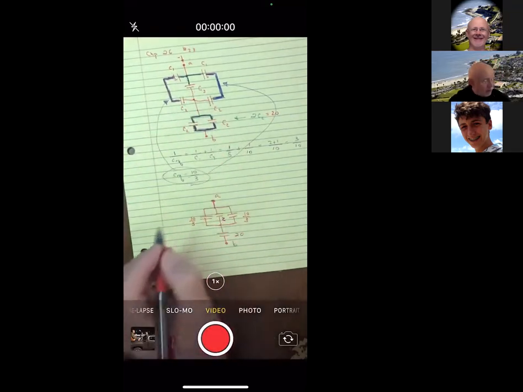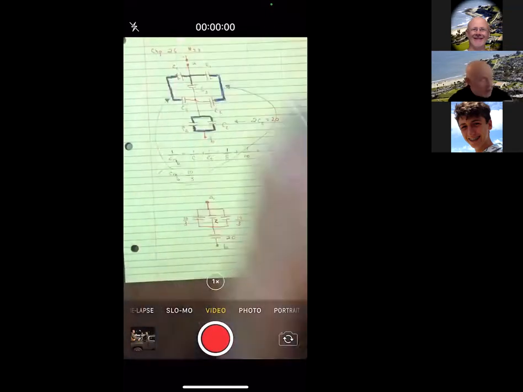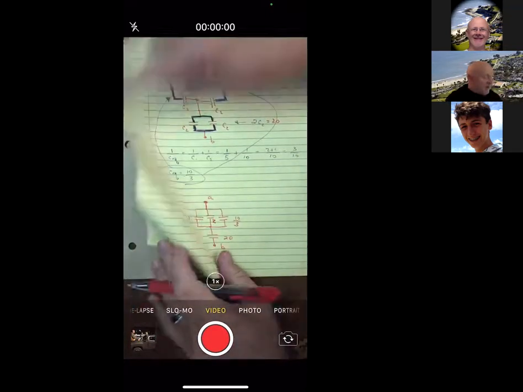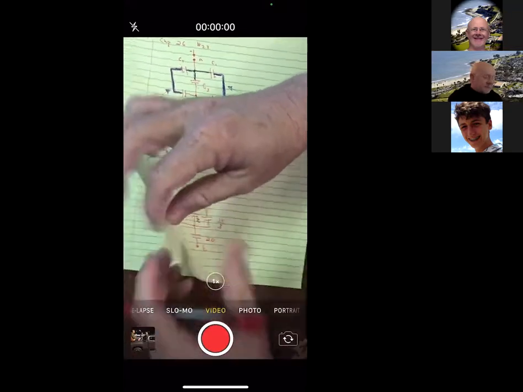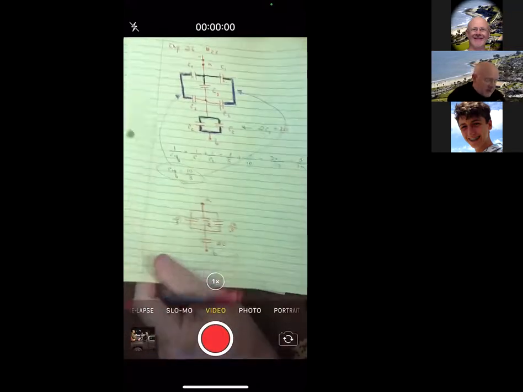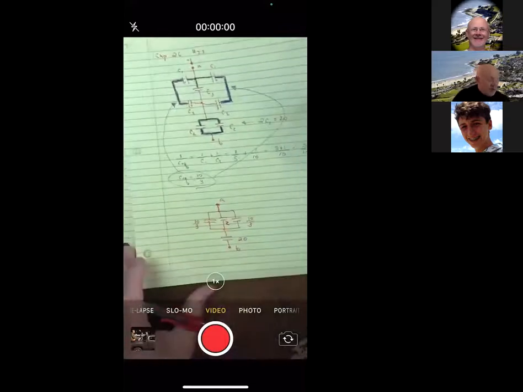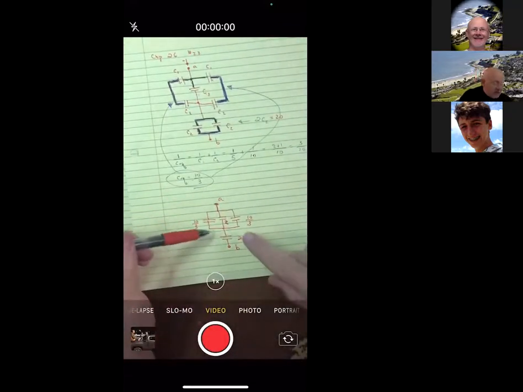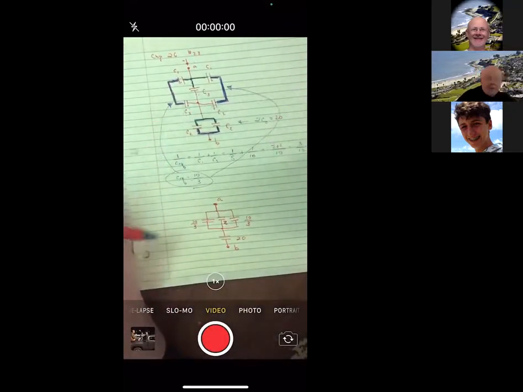So I'll just put a 2 right there. And let me call this page 1. So that's kind of the first thing to do, is to find out some equivalencies. So I'll say it again, this circuit is equivalent to that one.